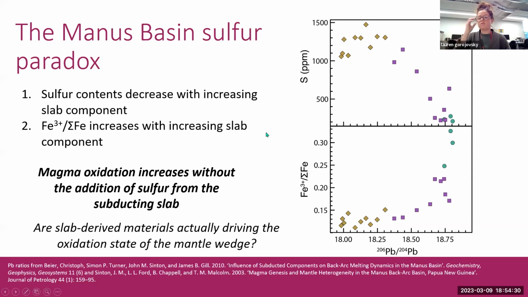So this already starts to suggest that, one, you don't necessarily need sulfur to oxidize the mantle wedge, as the literature currently suggests. But it might also suggest whether slab components actually drive the oxidation of the mantle wedge. If you need sulfur to do it, is the oxidation actually related to the slab component to begin with?